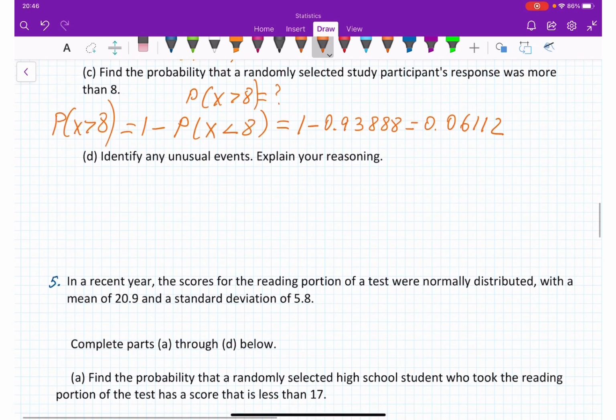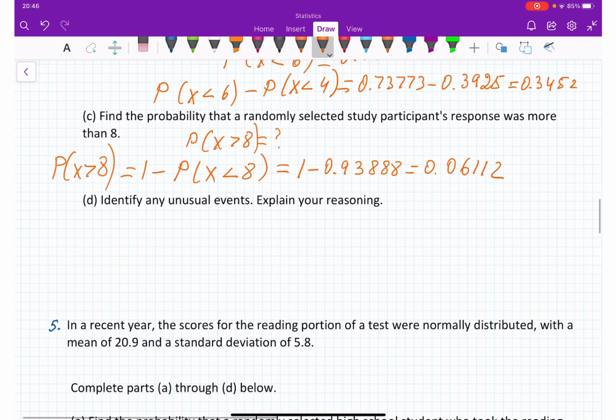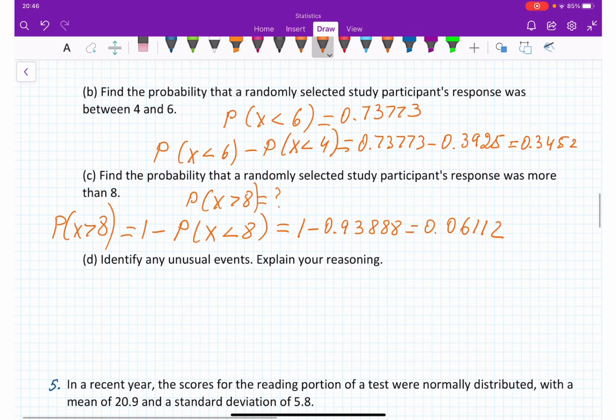Identify unusual events. Okay. The unusual events are going to be, let me see.